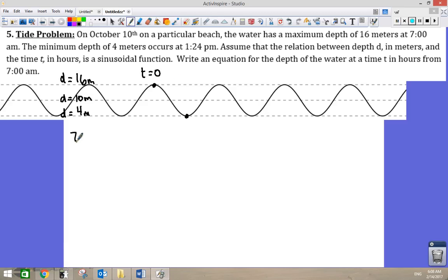So from 7 a.m. to 1:24 p.m., we've got 6 hours and 24 minutes has elapsed, and if we want to change 24 minutes to hours, we divide by 60.